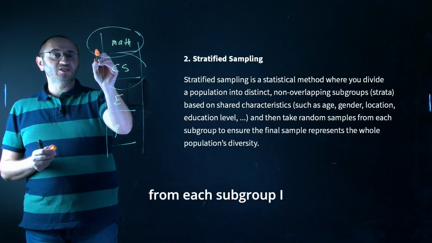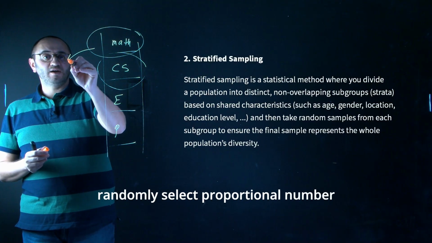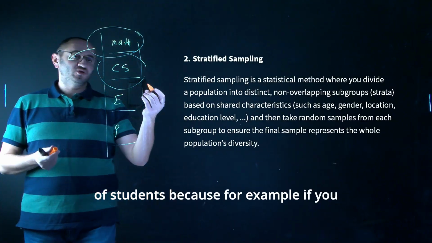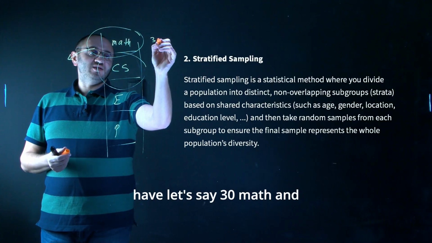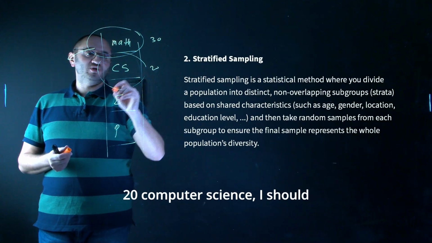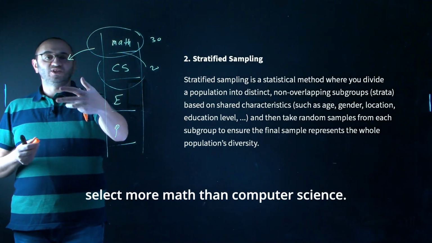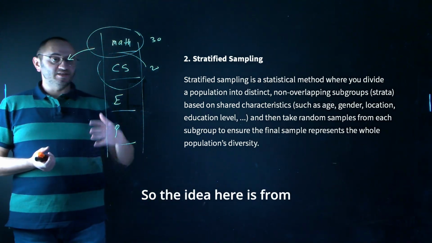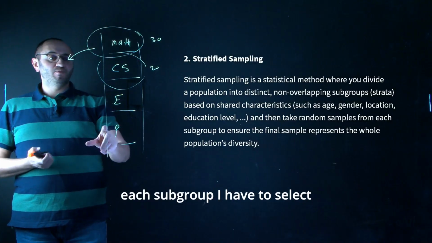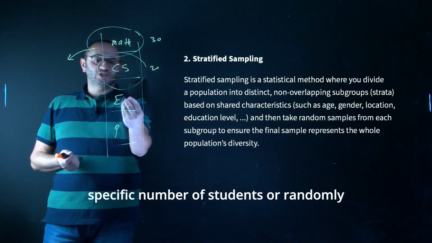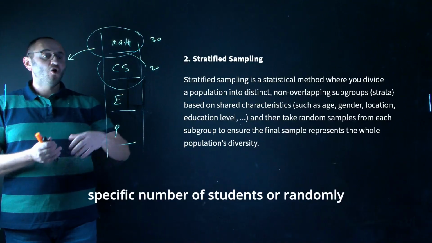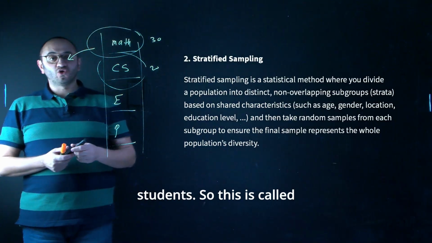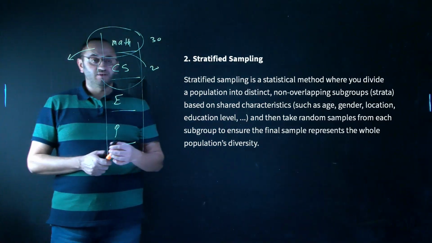Then from each subgroup, I randomly select a proportional number of students. For example, if you have 30 math and 20 computer science students, I should select more math than computer science. So from each subgroup, I randomly select a specific number of students. This is called stratified sampling.